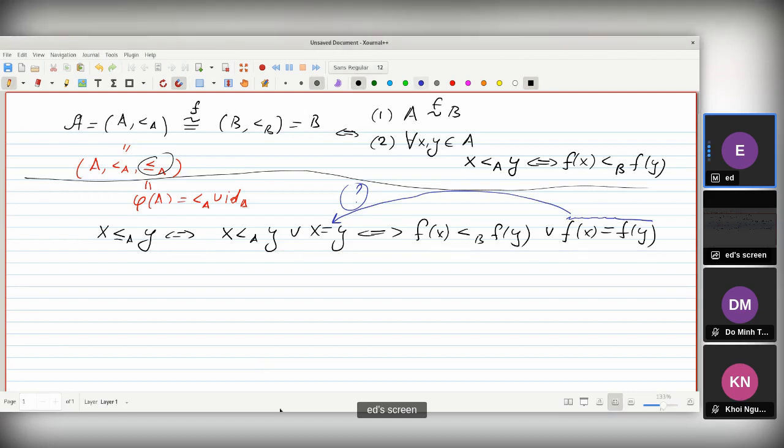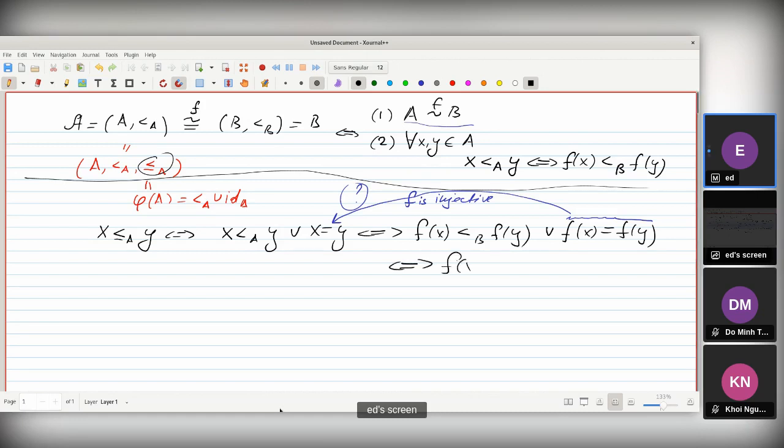And in fact, we can even specialize this even more. So f must be injective. As f is injective, surjectivity is not important for this point. If f is injective, then f of x being equal to f of y implies x being equal to y.